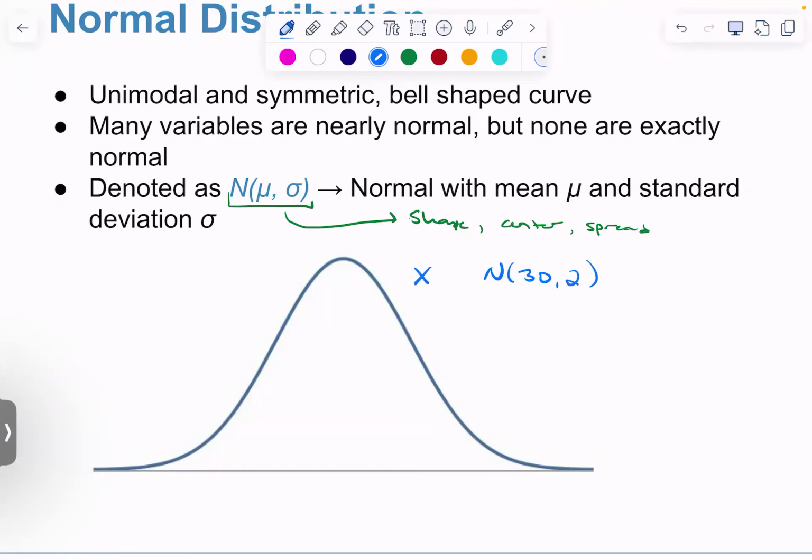X can be any numerical variable that we're talking about, just a generic placeholder. X follows, so this little tilde here, you read as follows, a normal distribution, centered on 30 with a spread of 2. And this spread is the standard deviation.